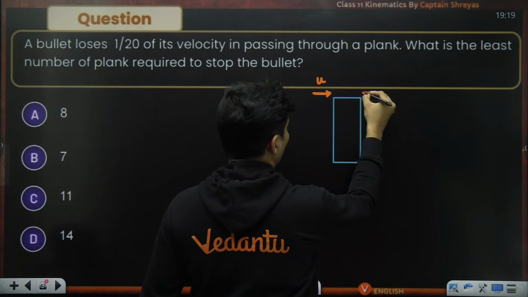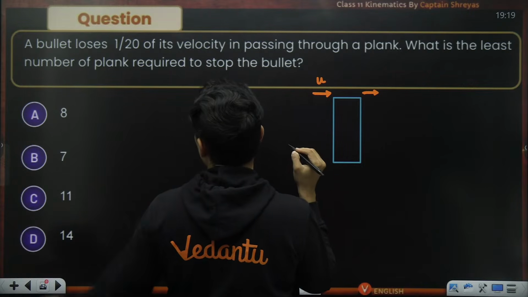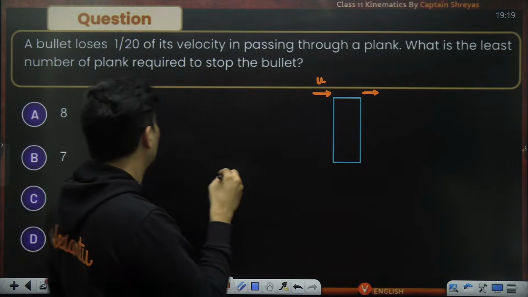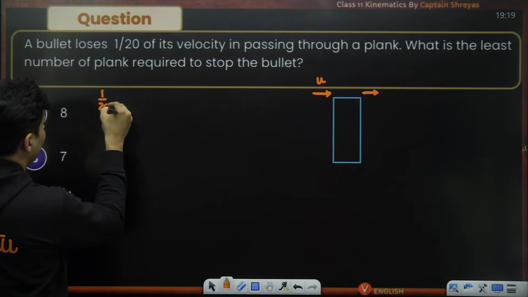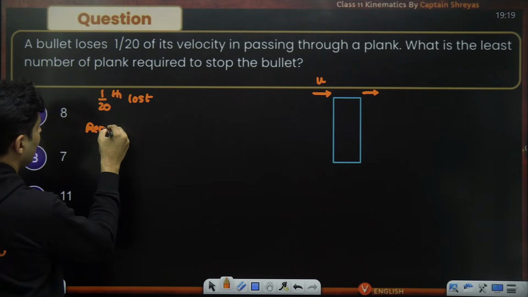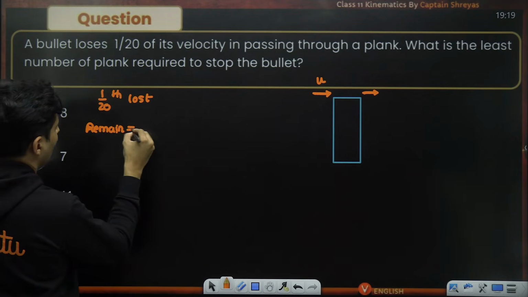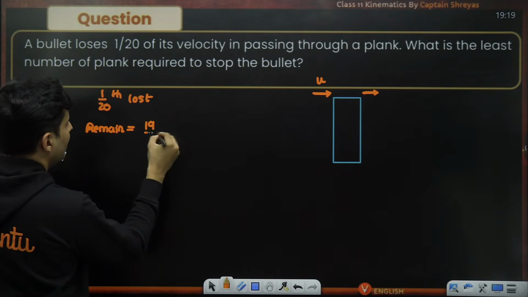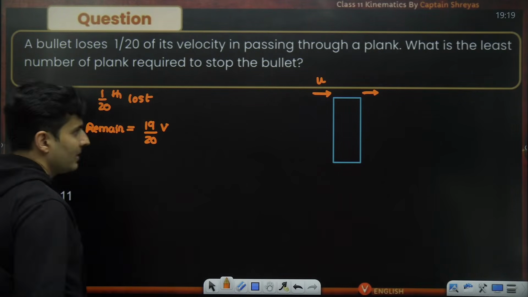It loses 1/20th of the velocity. So if 1/20th is lost, how much is remaining? Obviously, 19/20 of that velocity.